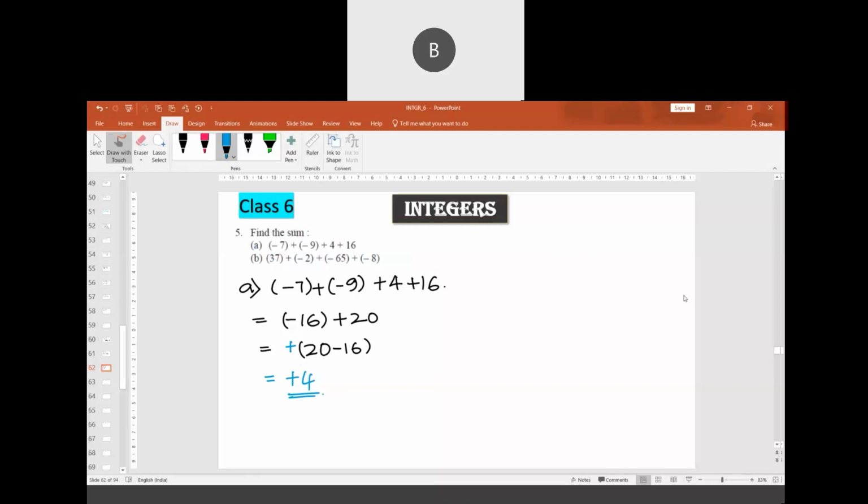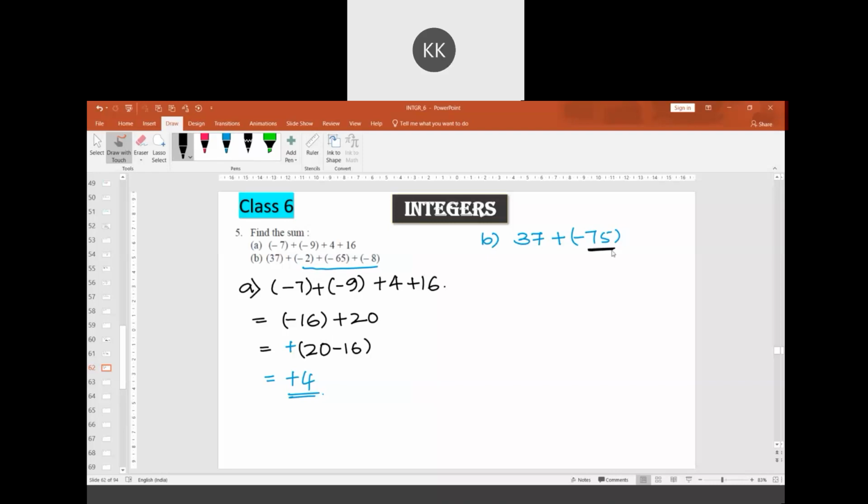Yes, Bhunesh, did you try the second one? Yes, sir. In the second one, there are 3 like integers. Minus 2 added to minus 8 is minus 10. Added to minus 65 is minus 75. Sir, the answer is negative 38?